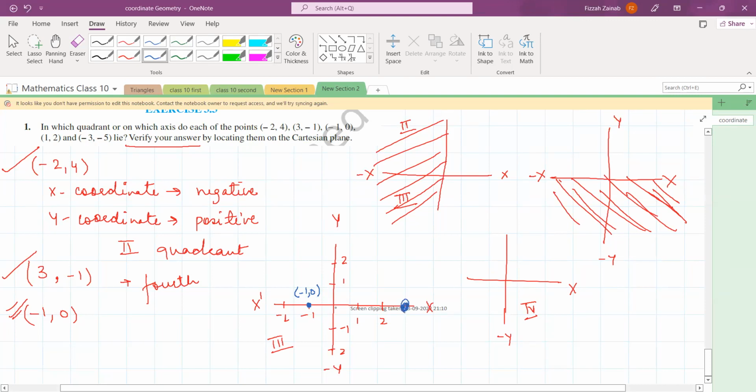So just because it is on the left side, we say it is lying on the negative x-axis. And you have to draw the graph also, right? You will locate the point like this.